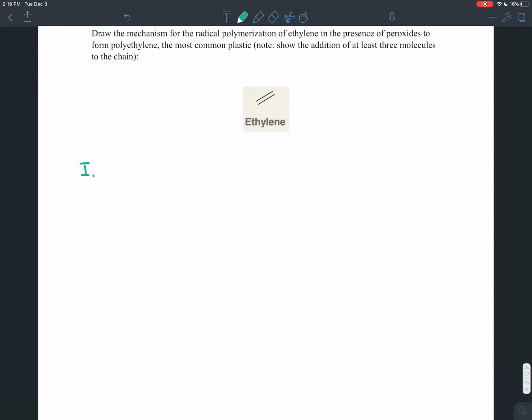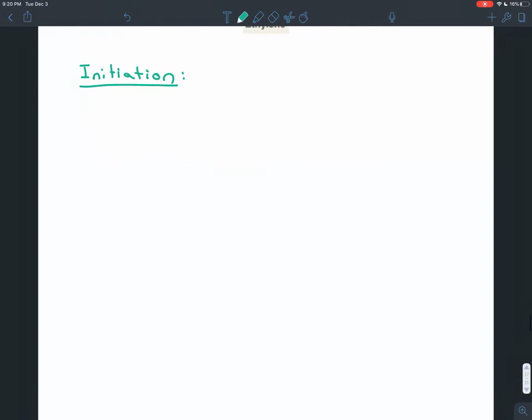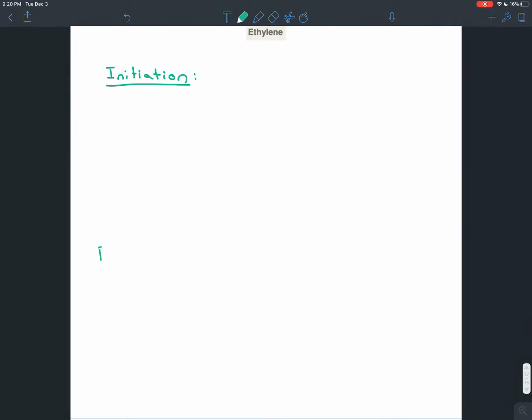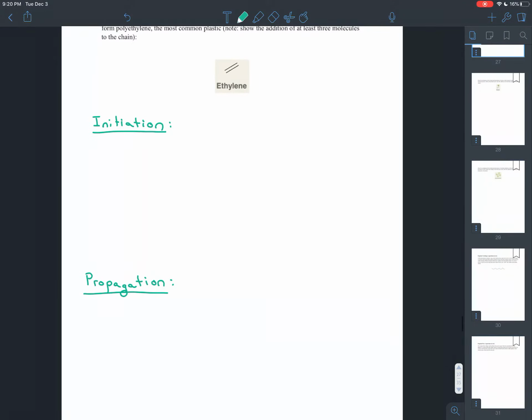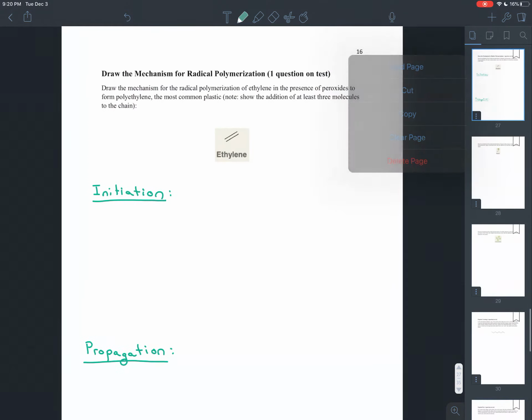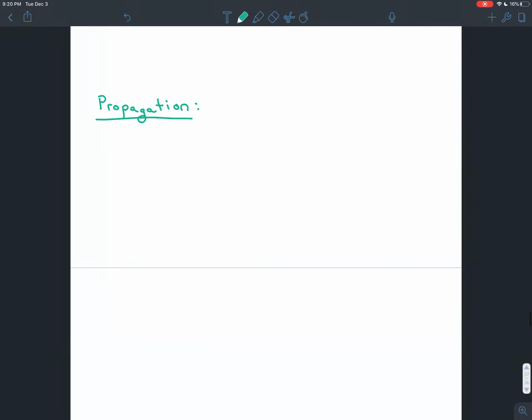Those are called the initiation step, that's the beginning; a propagation step, that's the middle; and a termination step, that is the end.